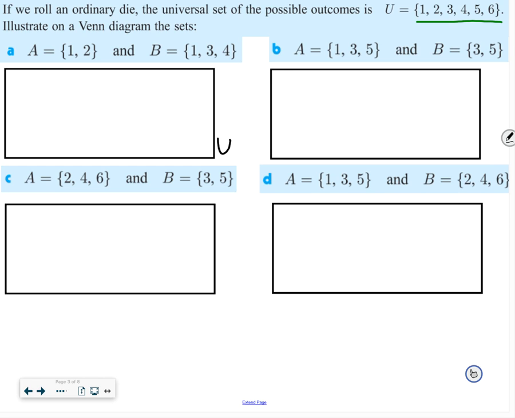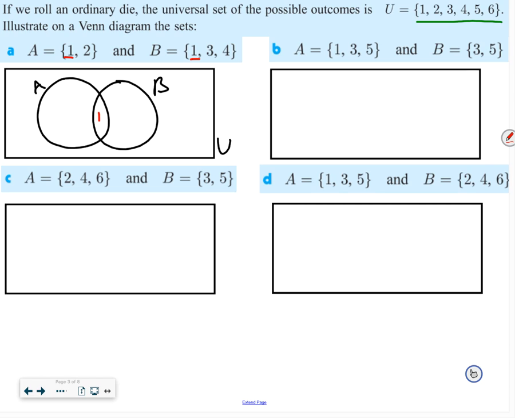Okay, so if I have this set A and this set B, I always like to look for the intersections first and label those. So I see that 1 is in both sets A and B, so that needs to be labeled there, 1.